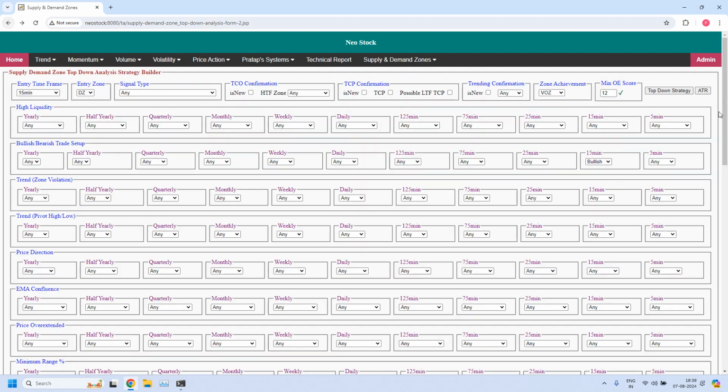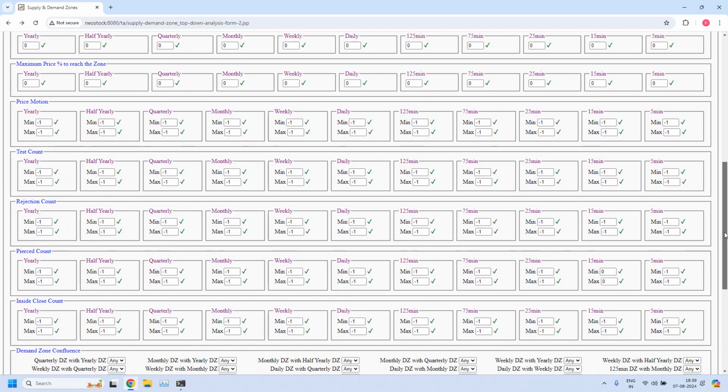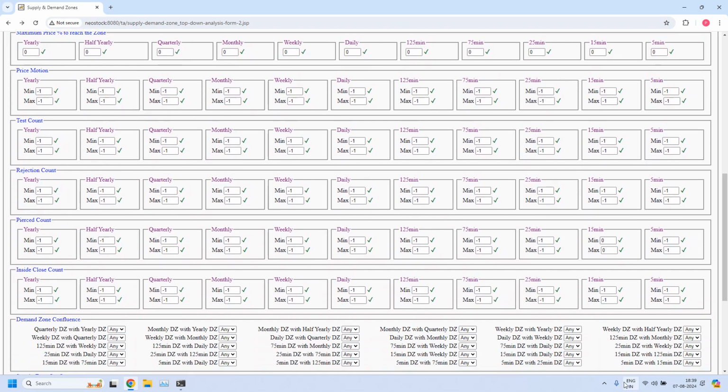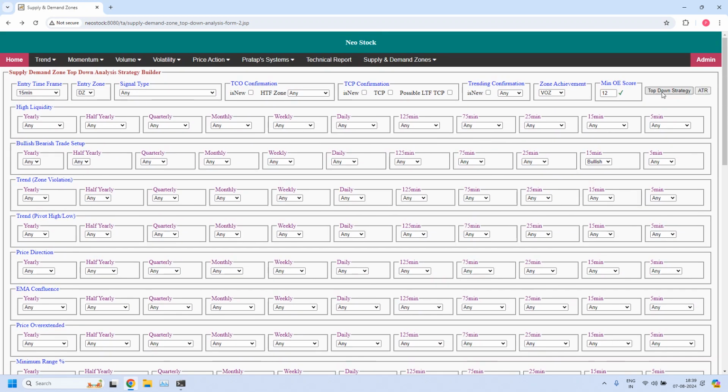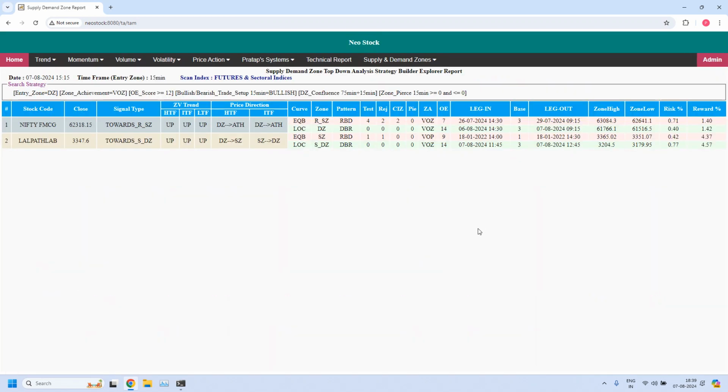So 15 minutes and 75 minutes demand zone confluence. The 15 minutes demand zone has confluence with the 75 minutes demand zone. Let us verify. 2 stocks are filtered. One is indices and the other one is Lal Patla.